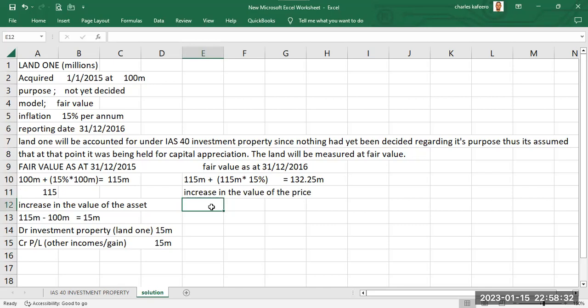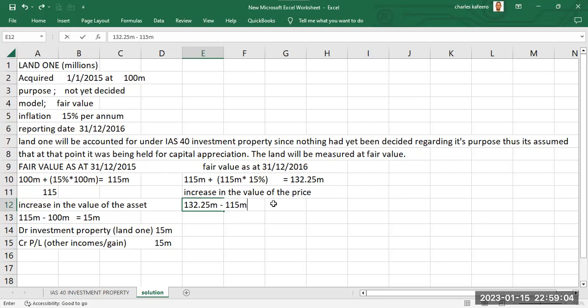We take the amount we've got, which is 132.25 million, less the 115 million, which is the previous figure, because the value we have here as at 31st December 2015 is going to be the same figure as at 1st January 2016.